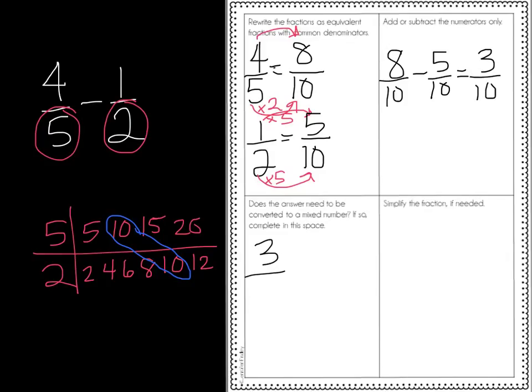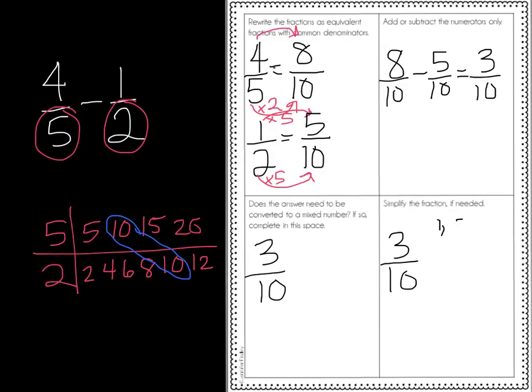My next step is to stop and think. Does my answer need to be converted to a mixed number? No, it does not. I know that 3/10 does not represent a quantity larger than 1 whole, so it does not need to be converted to a mixed number. Then I need to check, does my answer need to be simplified? Well, since my numerator is 3, 3 is a prime number.